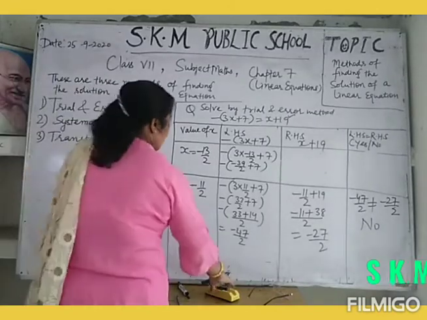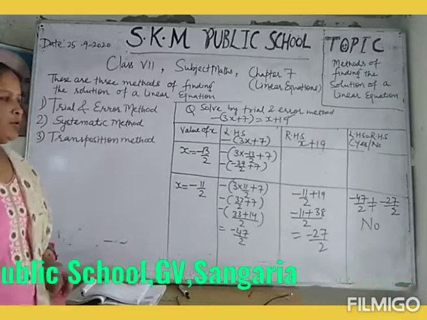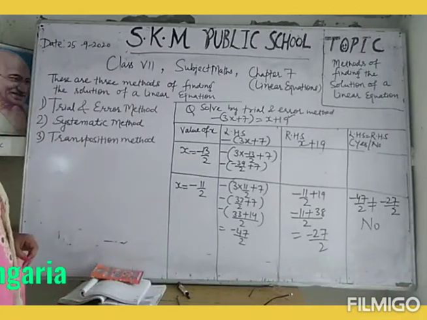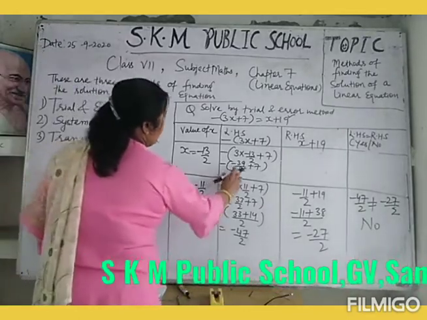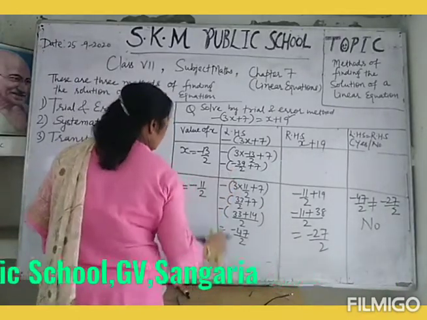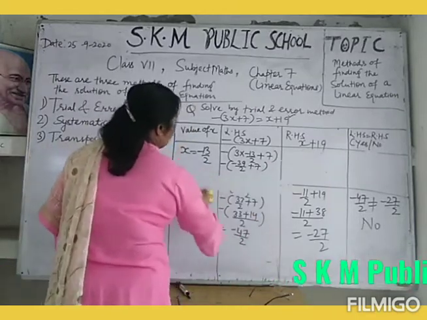Please note down x is equal to minus 11 upon 2. Note down this, so I need space for that here. Again take the LCM here. Now take the LCM.